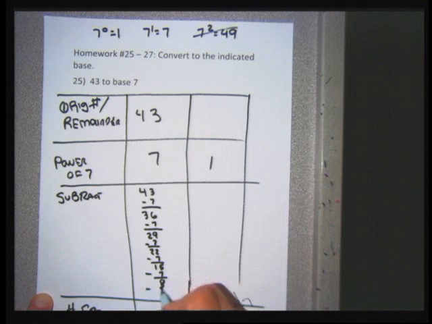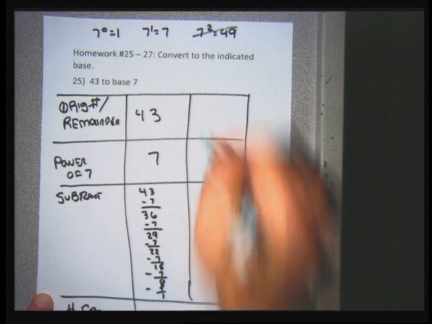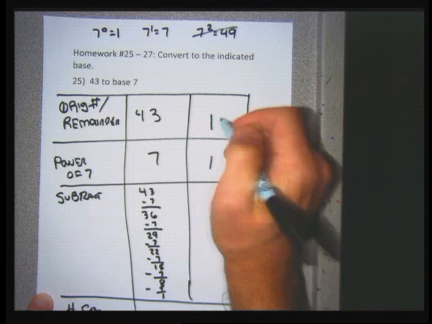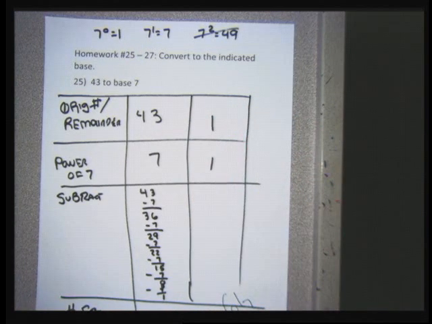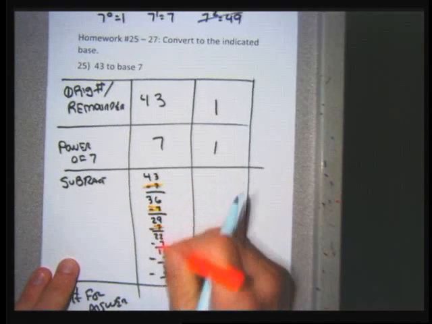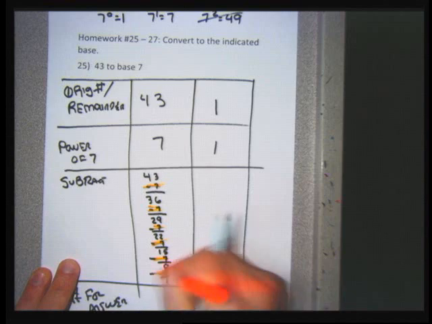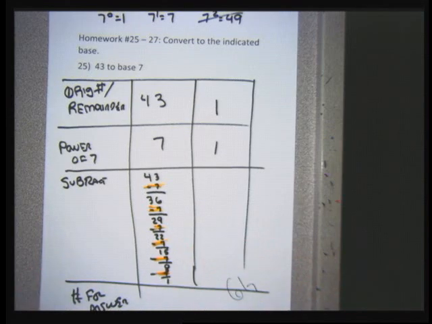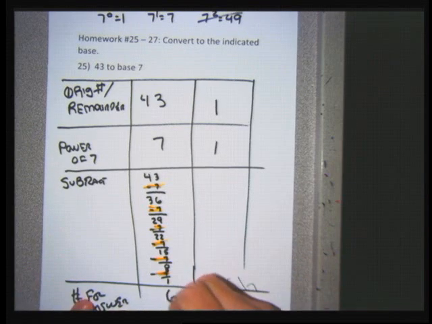And 8 minus 7 is 1. I've gotten to an answer that's less than 7. That's going to be my remainder. And the number that I'd write at the bottom of this column is going to be 1, 2, 3, 4, 5, 6, for the 6 times I was able to subtract 7. So in my answer, the first number I'm going to get is 6.